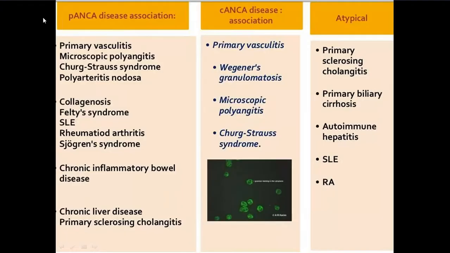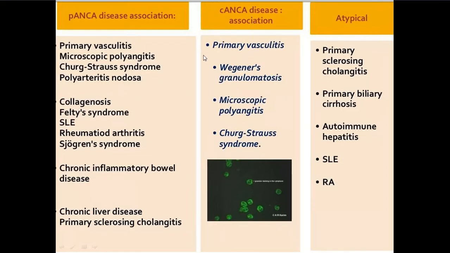On the differentiation of P-ANCA and C-ANCA, in P-ANCA you can see primary vasculitis: microscopic polyangiitis, polyarteritis nodosa, which is a medium vessel vasculitis, and Churg-Strauss syndrome, SLE. Because we are discussing vasculitis, the important things are microscopic polyangiitis and Churg-Strauss syndrome, and polyarteritis nodosa, a medium vessel vasculitis.